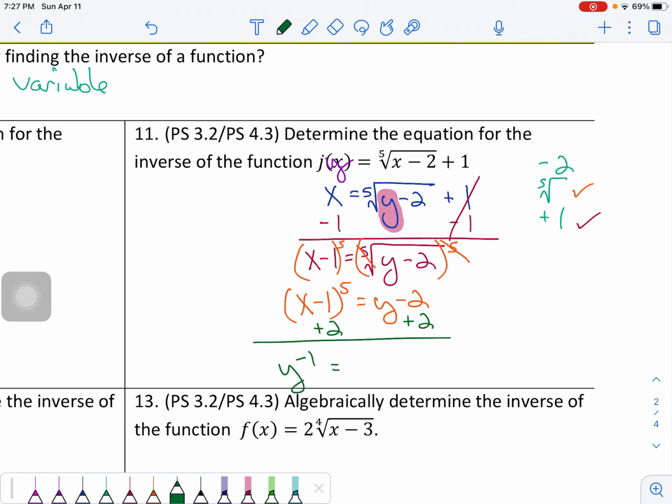So the inverse of y is equal to x minus 1 to the fifth plus 2, and that is the inverse function. Now, it doesn't particularly matter if you put y equals or the function equals y. That order won't matter. So we got y all by itself, and we now have problem number 10, and we know the inverse.